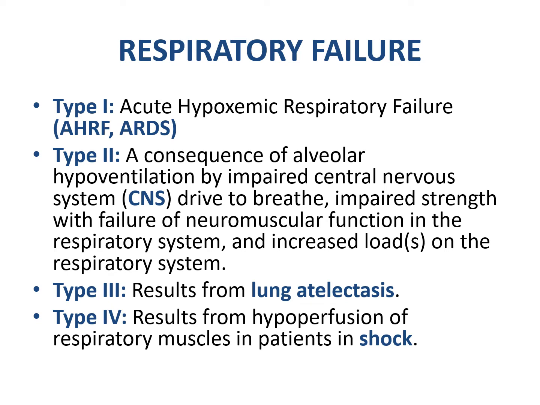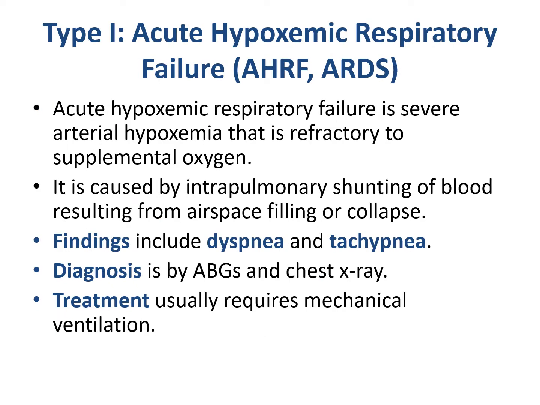Type 2 is a consequence of alveolar hypoventilation by impaired central nervous system drive to breathe, impaired strength with failure of neuromuscular function in the respiratory system, and increased loads on the respiratory system. Type 3 results from lung atelectasis, and type 4 results from hypoperfusion of respiratory muscles in patients in shock.